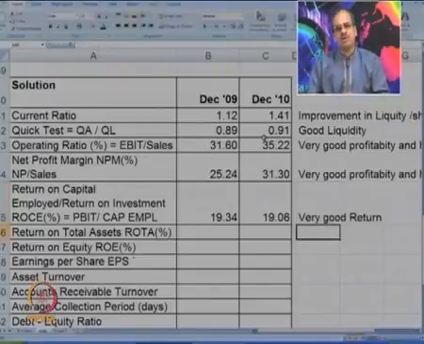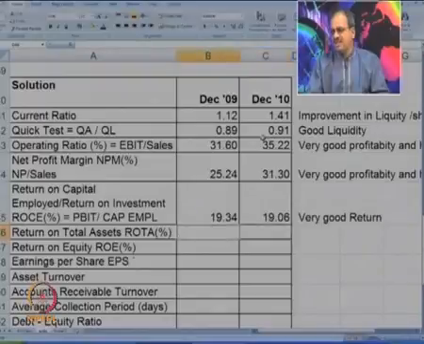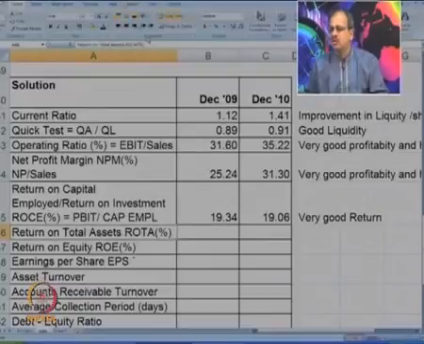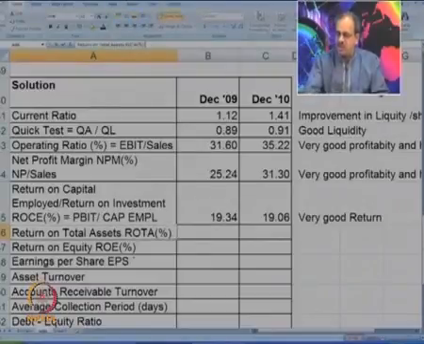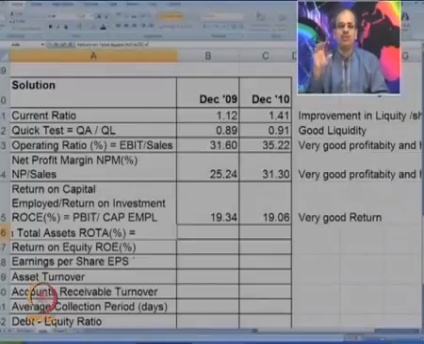So, the company is able to earn a reasonably good amount of return. The next is ROTA, return on total assets. So, here we are trying to find the profit generated by the use of total assets. So, we can link it either to net profit, or we can link it to profit at operations.